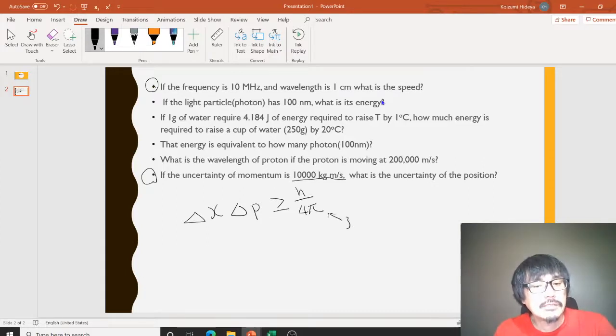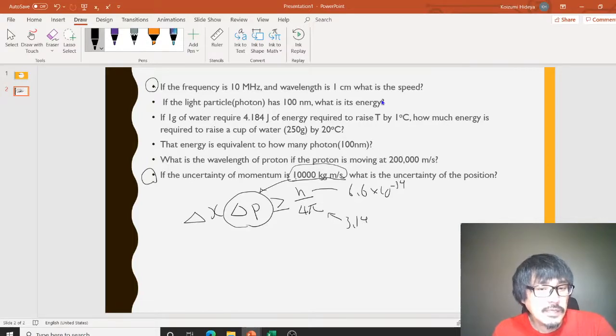Pi is 3.14, and h is 6.6 times 10 to the negative 34. The uncertainty in momentum is this one. We can plug this number in here, right? Because it's SI unit for SI unit, so we should get meters just by plugging all of these things in.